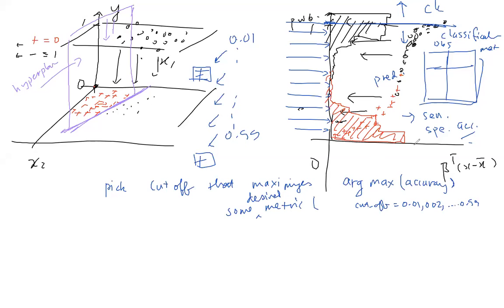You find, maybe it's this one, for example. Then you just use this cutoff. That means anything that falls above this line, you classify as black. Anything below it, classify as red. So this is how you can also use the probability values as a way to perform classification.